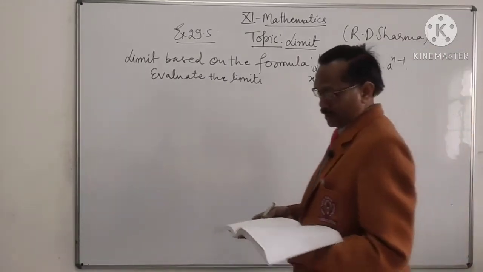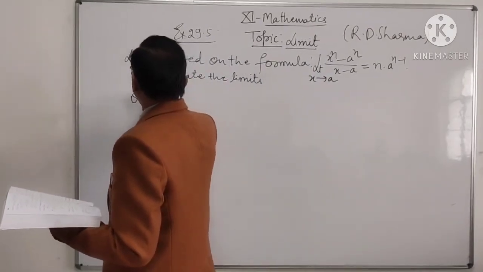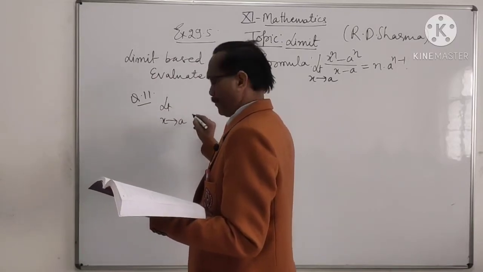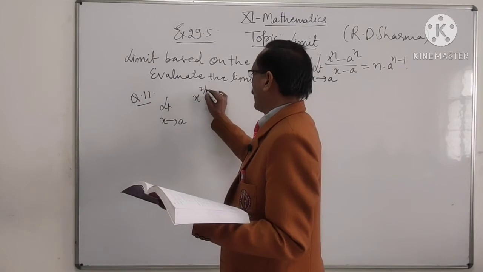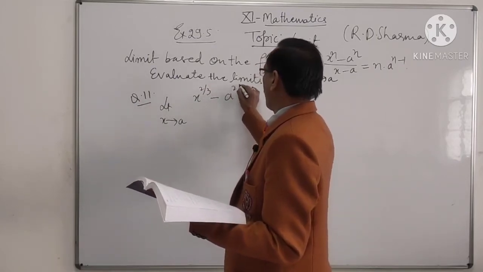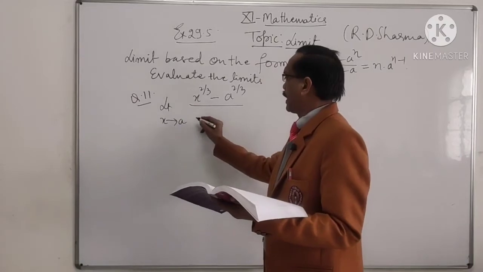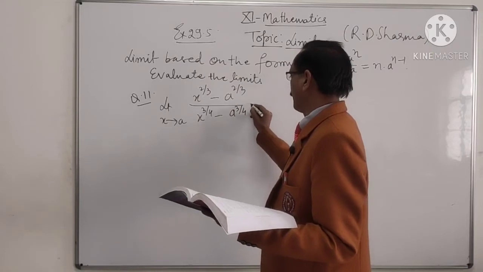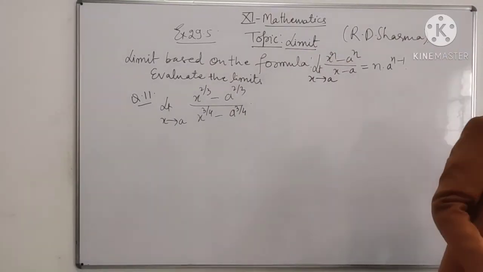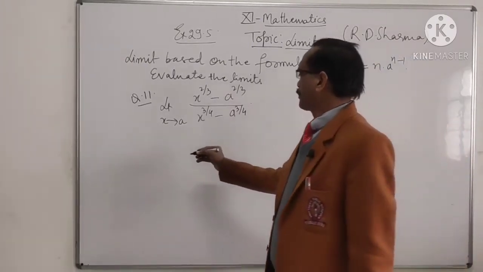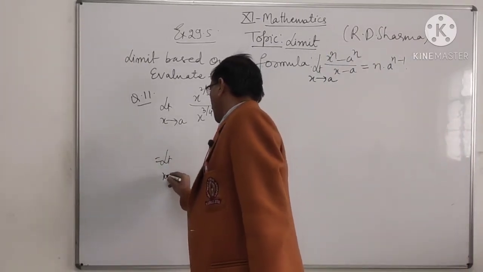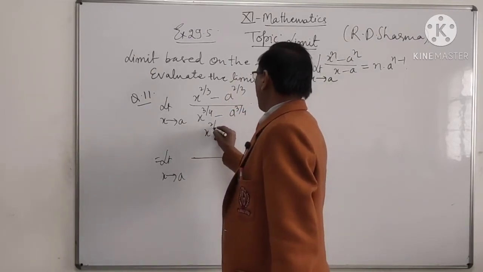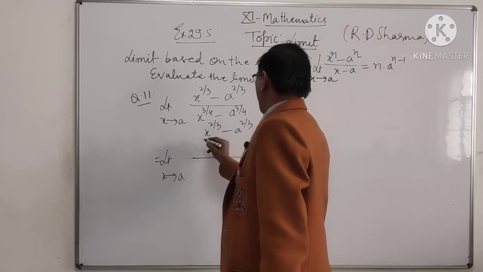Next question is question number 11. Here limit x tends to a, x power 2 by 3 minus a power 2 by 3 divided by x power 3 by 4 minus a power 3 by 4. We will write it as limit x tends to a, x power 2 by 3 minus a power 2 by 3 upon x minus a.